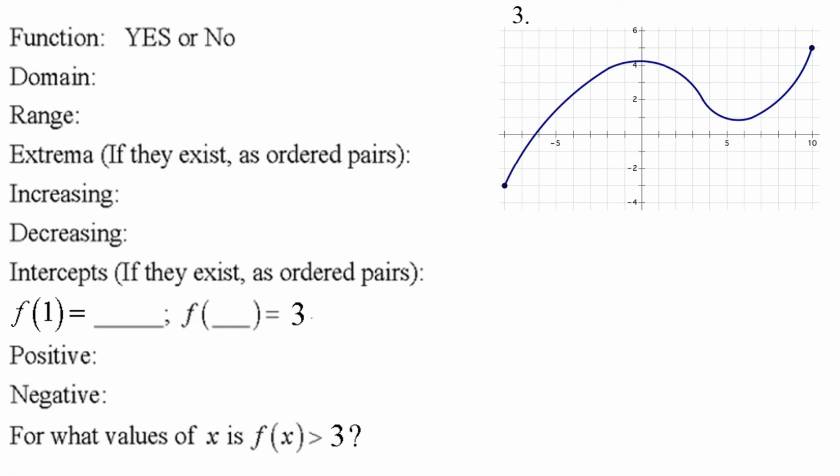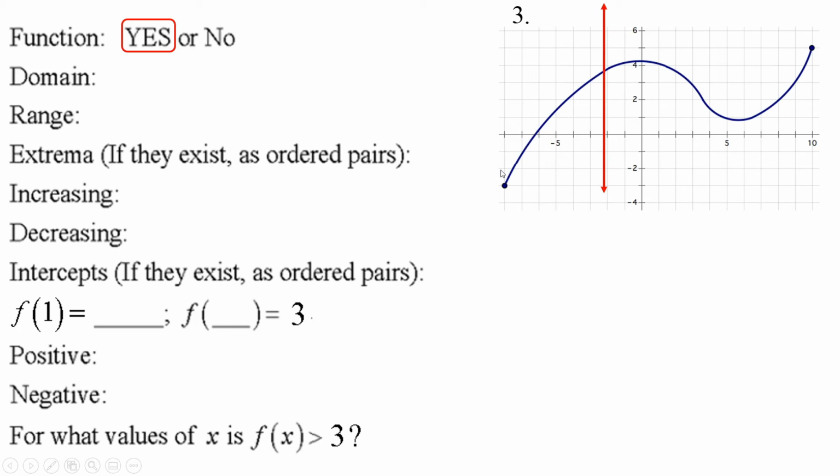Now this graph looks like it does pass the vertical line test. No matter where I draw this vertical line along the plane, it's only going to touch that graph at one point. So that means every input has one and only one output, so it is a function. And what's the domain?